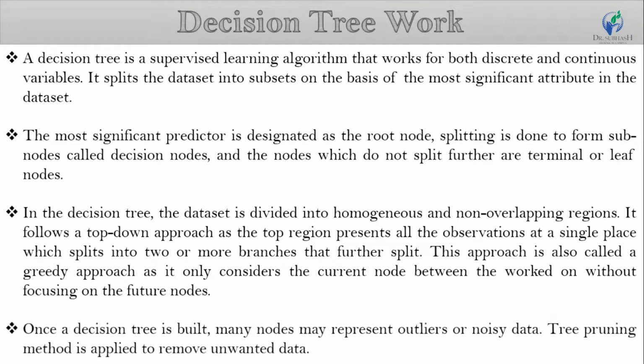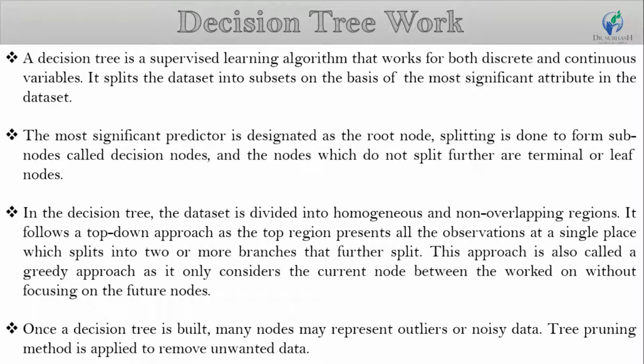Once a decision tree is built, many nodes may represent outliers or noisy data. Tree pruning methods are applied to remove unwanted data. This is done to improve the accuracy of the classification model. To find the accuracy of the model, a test set consisting of test tuples and class labels is used.